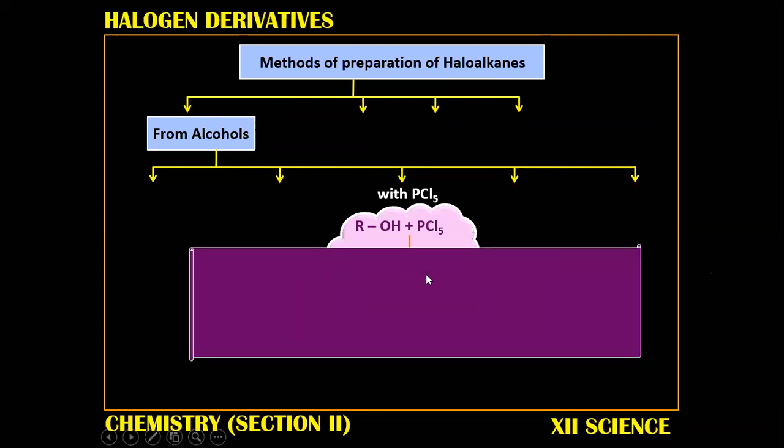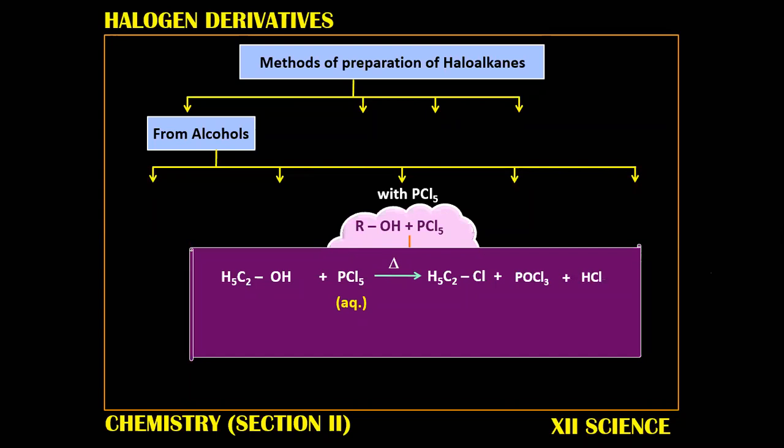Now take an example with ethyl alcohol. Complete the reaction with ethyl alcohol. Ethyl alcohol when reacted with PCl5. Can you tell me the product? What will be the product? Ethyl chloride, POCl3 and HCl.